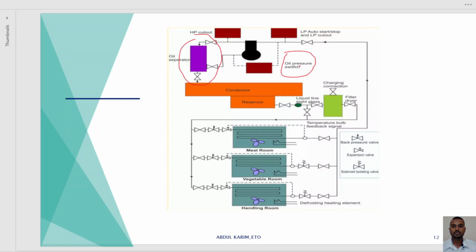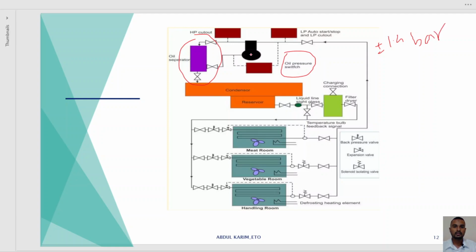Why is the oil pressure switch used? The oil pressure switch measures the sum pressure of the refrigerant and the suction pressure. If the sum pressure and suction pressure differ by plus or minus 1.5 bar, at that instant it will trip the compressor.